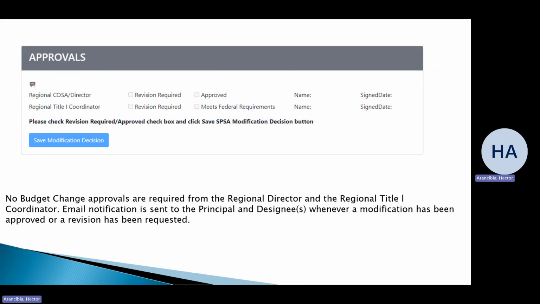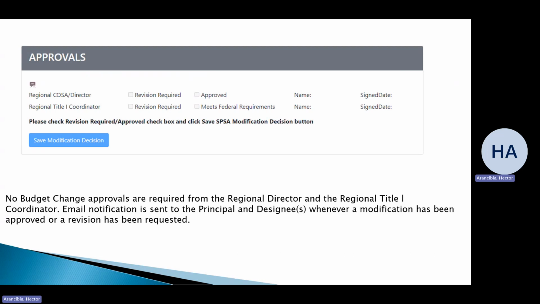Now, no budget change approvals are only required from the regional director and regional Title I coordinator. Fiscal approval is not required since there is no budget change involved. At the bottom of the modification, there is an approval section where the director and Title I coordinator will either mark the modification as approved or revision required.